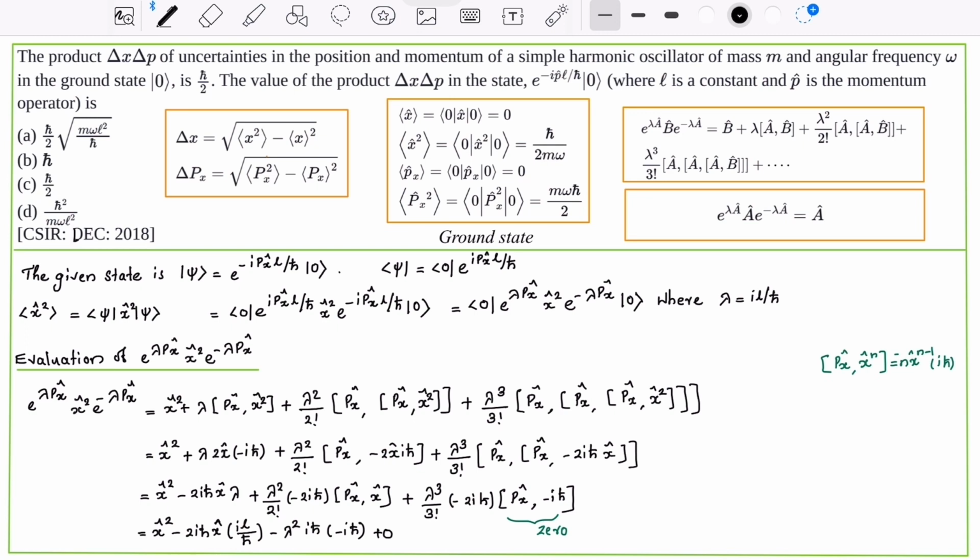Now let us substitute the value of λ². Thus we can say e^(λpx) x² e^(-λpx) is equal to x² plus 2Lx plus, here you have to substitute the value of λ.